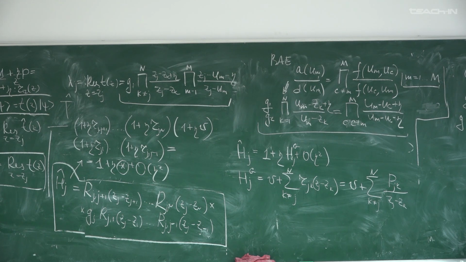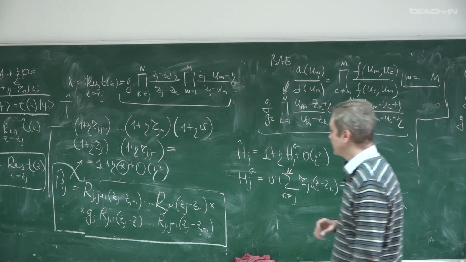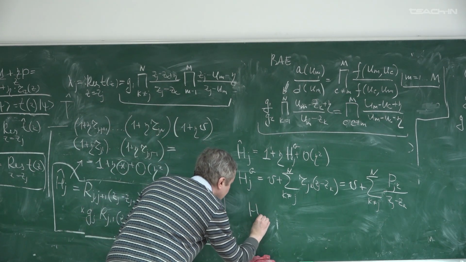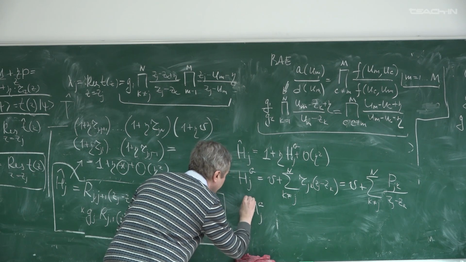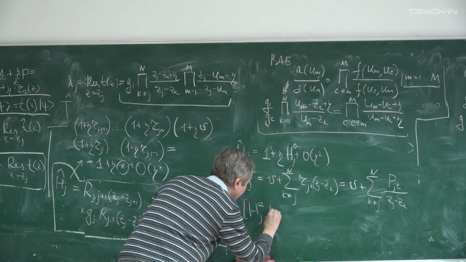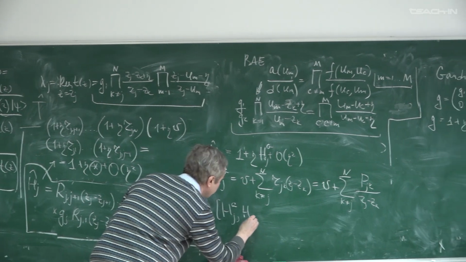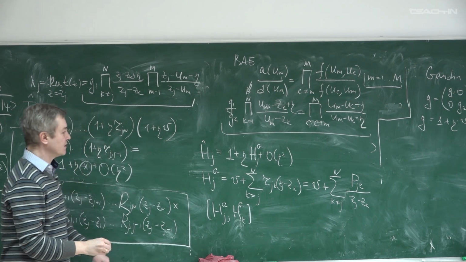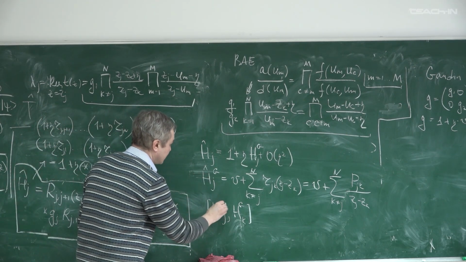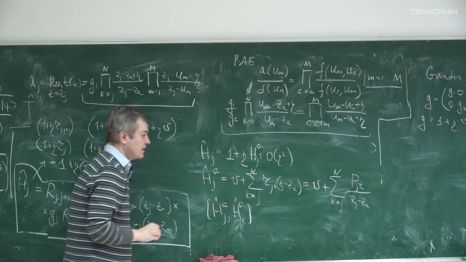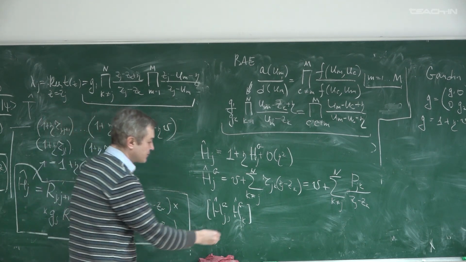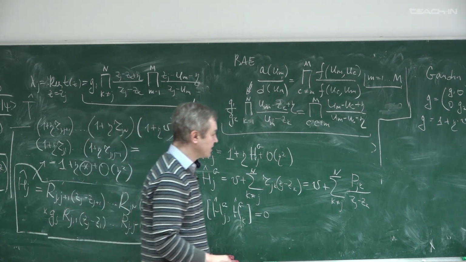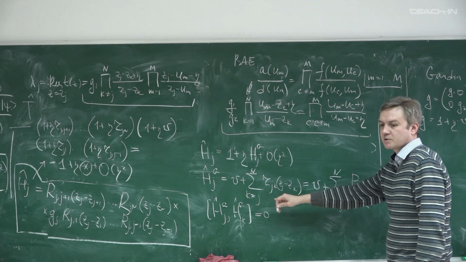Yes, and we may ask ourselves why Gaudin Hamiltonians commute with each other. In fact, it follows, of course, from this limiting procedure, but it is interesting also to mention that if you compute this commutator, the result will be 0 due to the classical Yang-Baxter equation for these classical R matrices.